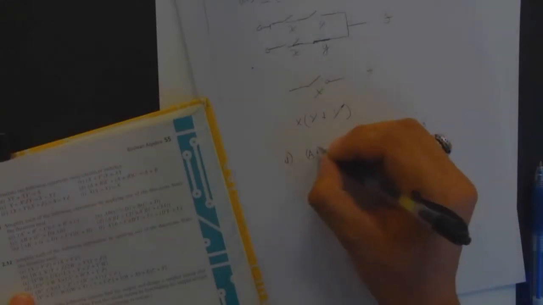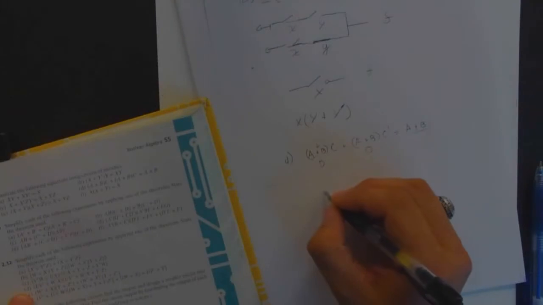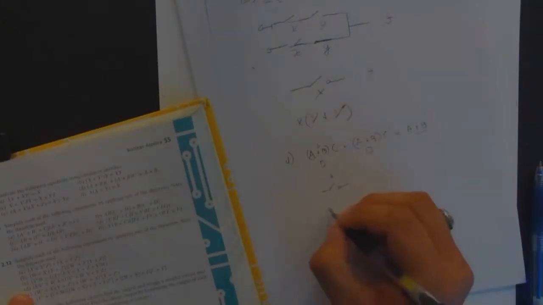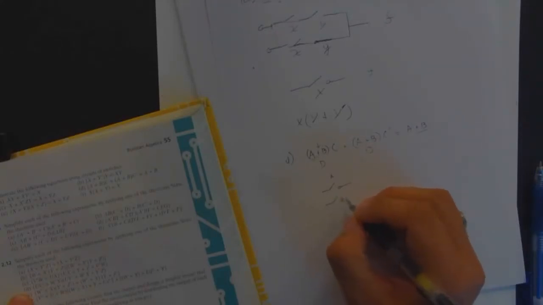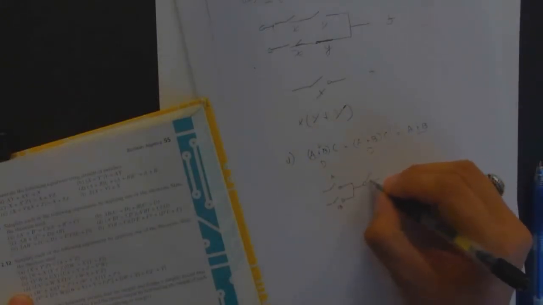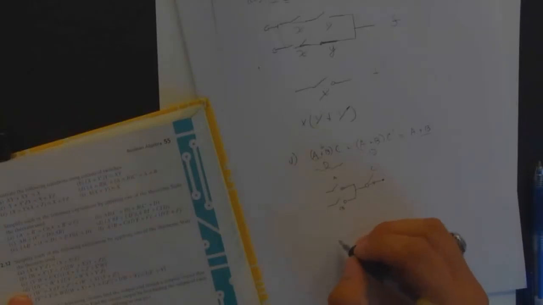The or plus sign is going to be switches in parallel. So we'll have that first, and then the next switch is C. Ignore that line. And so that would be this first section here.